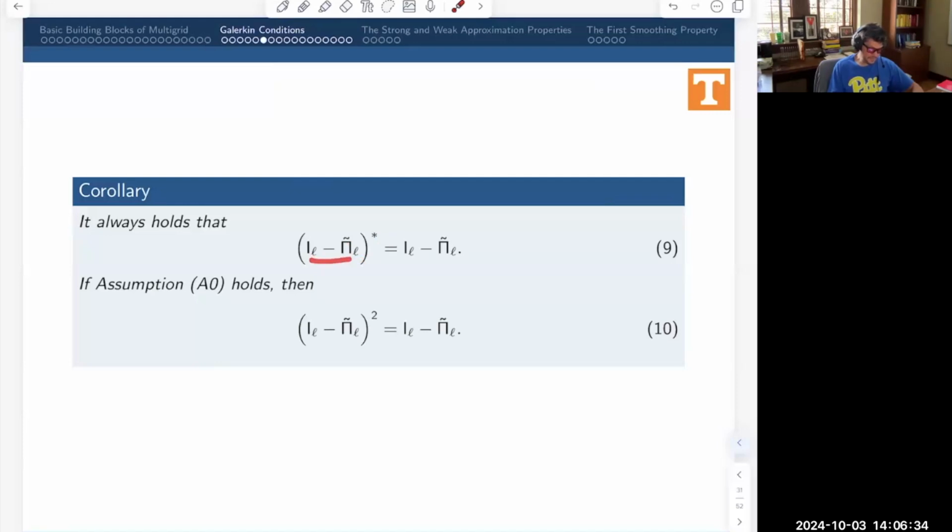So this matrix is also self-adjoint, no matter what. But if assumption A0 holds, the strong Galerkin condition, then this matrix is also a projection matrix. Remember, that's easy to show. If we know that we have a projection matrix, then I minus that projection matrix is also a projection matrix. That's a little theorem that you learn from numerical analysis or advanced linear algebra.